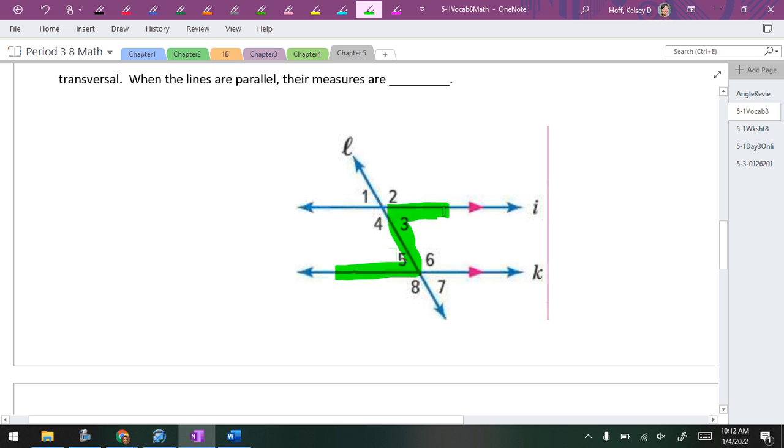Did it form a Z? Backwards, but it absolutely did. Zoe, you also raised your hand. Were those the two angles you were going to say? Yeah, they were. But also, do you guys agree with, if I erase this, 4 and 6 are also alternate interior. See that Z's stretched out a little bit, but still there?